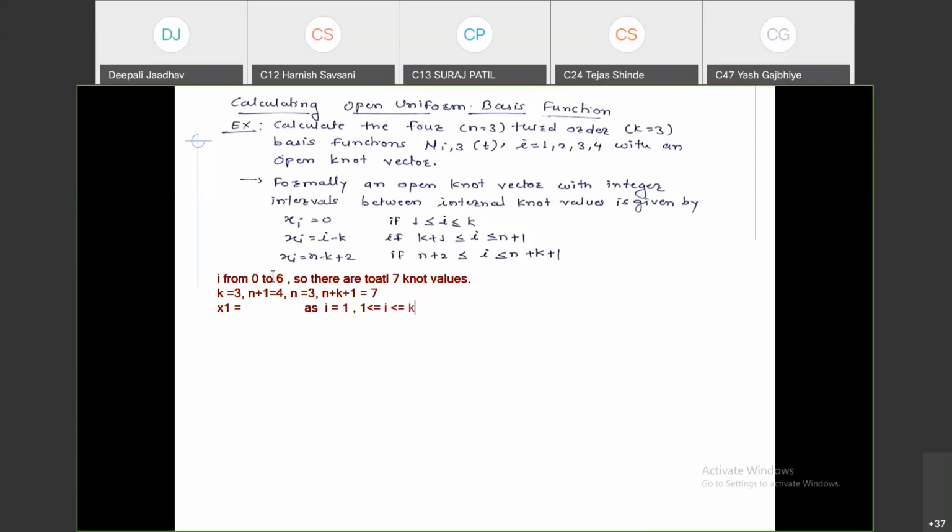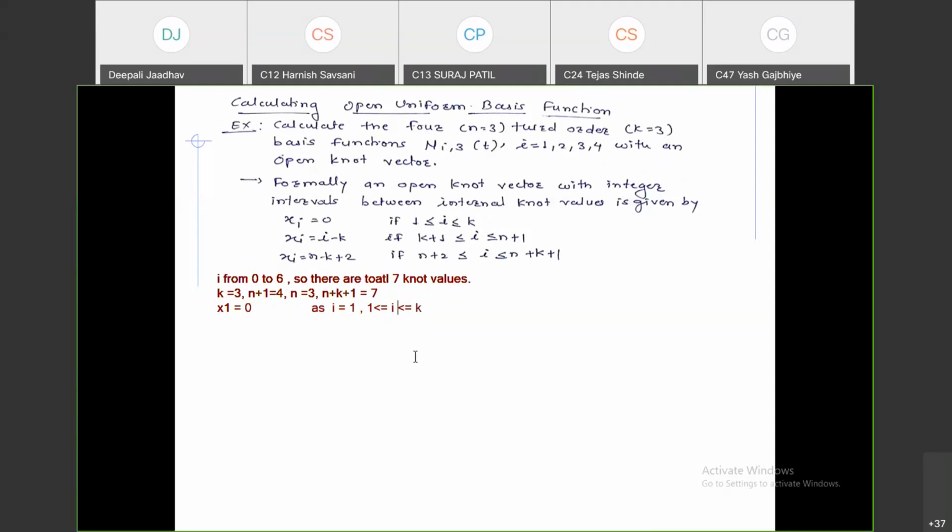So when i is greater than or equal to 1 and less than or equal to k, what is the value of x1? It is 0.